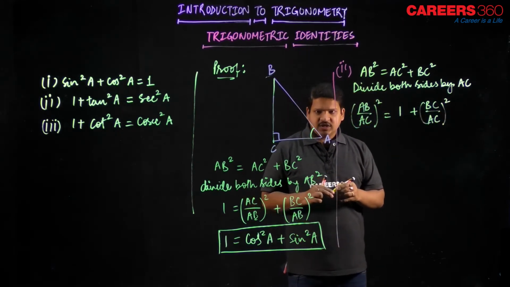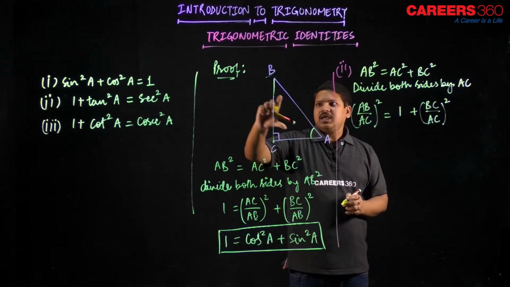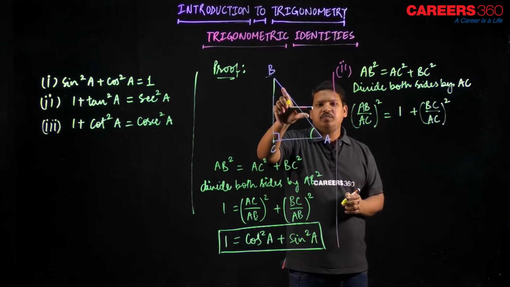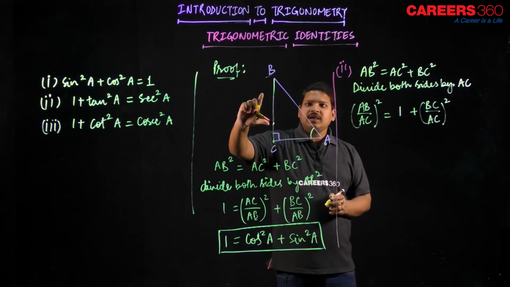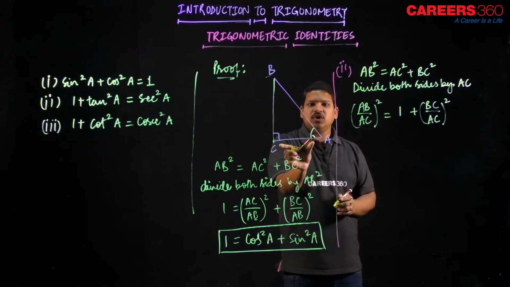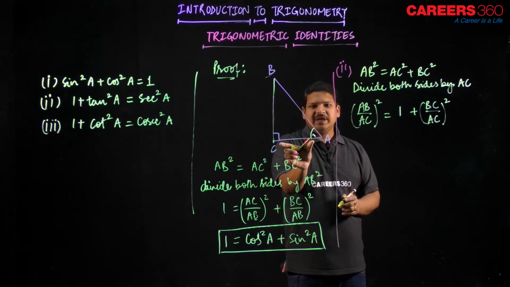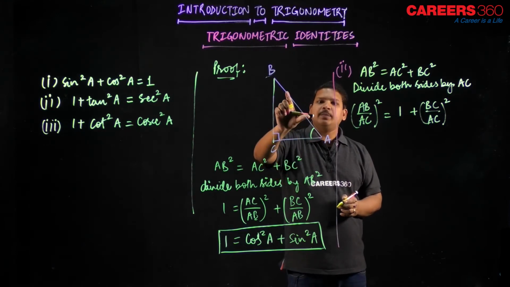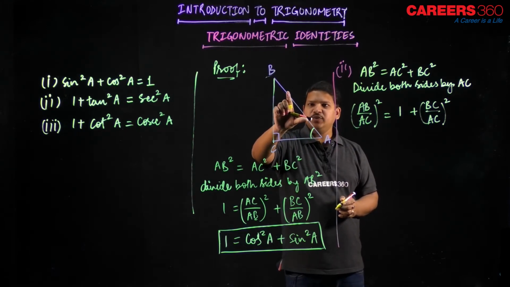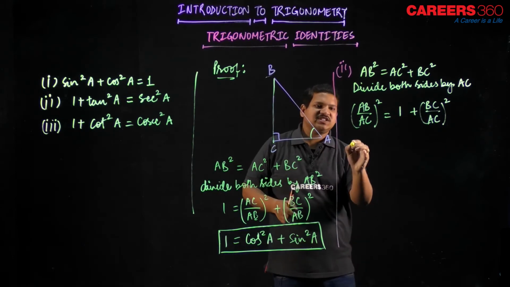And if I look with respect to A, AB is what? My hypotenuse, and AC is what? My base. See, base upon hypotenuse is cos, and hypotenuse upon base is what? Sec.